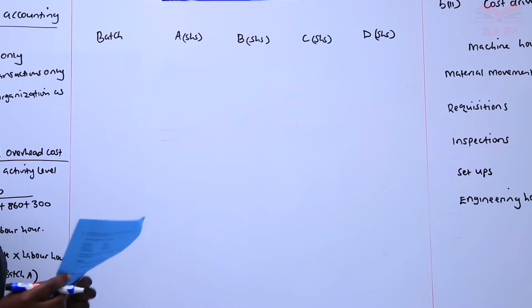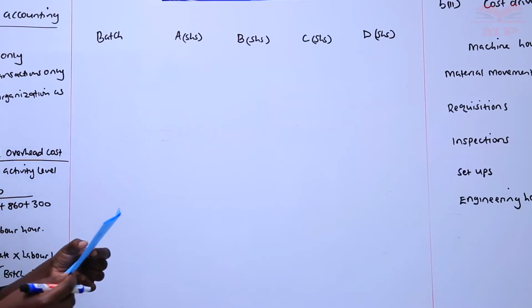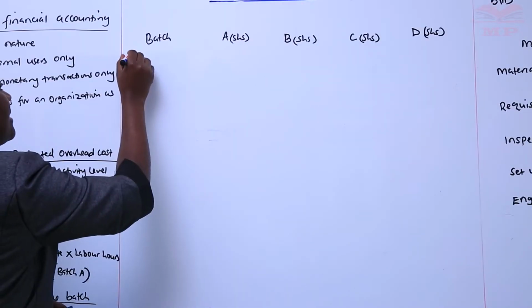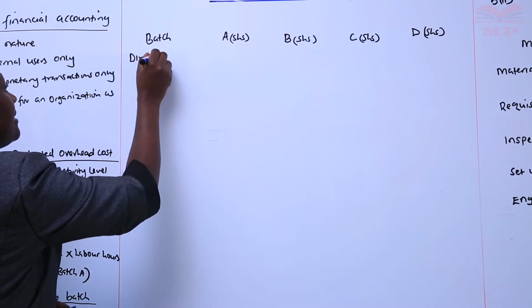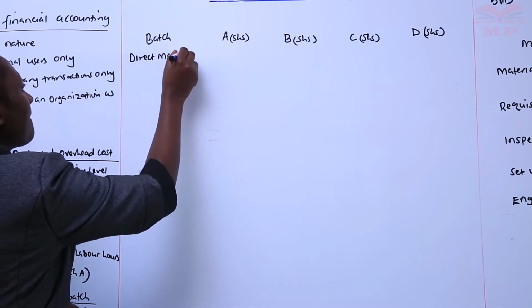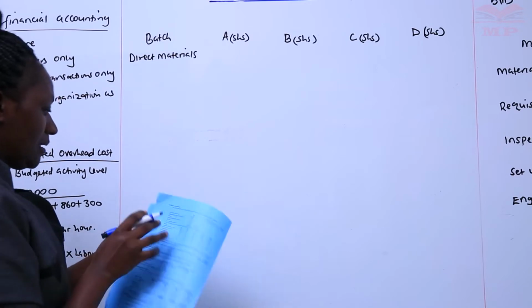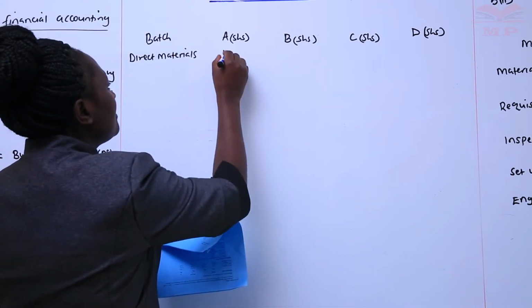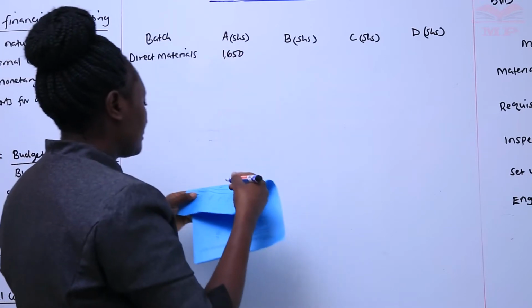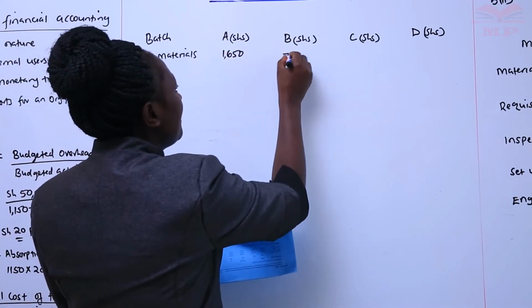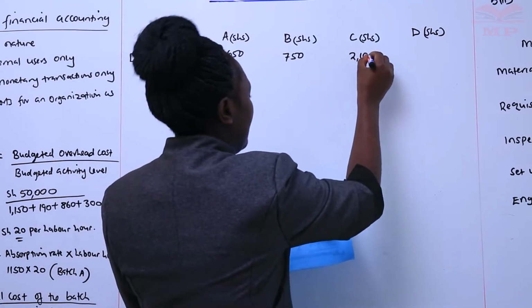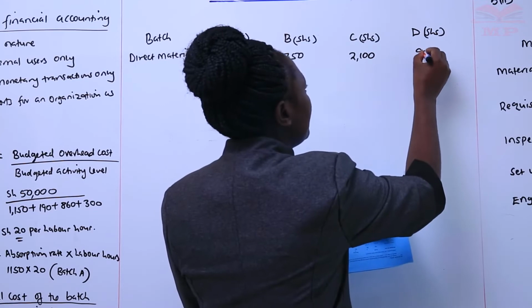We are computing the total cost of the batches, and it's done in the same way as in our first part, beginning with the direct materials. For batch A, the amount is 1,650. For B is 750, C 2,100, and D 900.